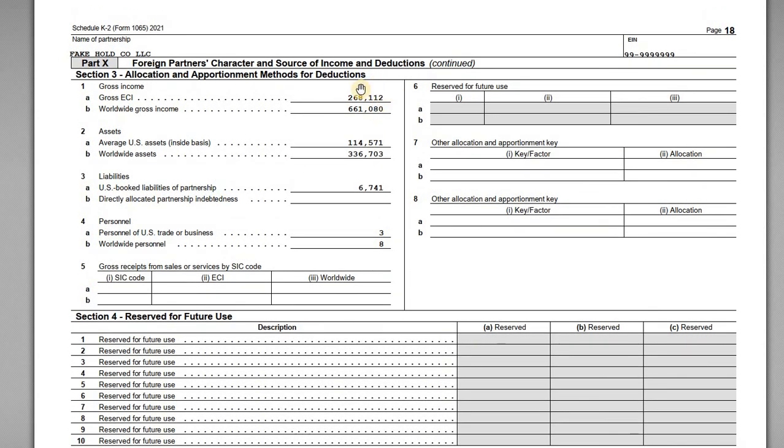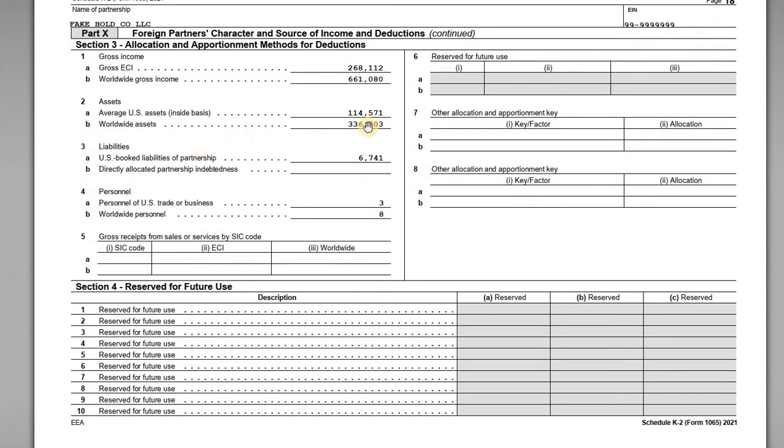And so in this section, the 268,112, that's coming up from above, right? That's the net gross U.S. ECI, and then the total gross income earned through the entity is the U.S. and the Swiss piece plus the interest. So that's where we're getting that 661,080.